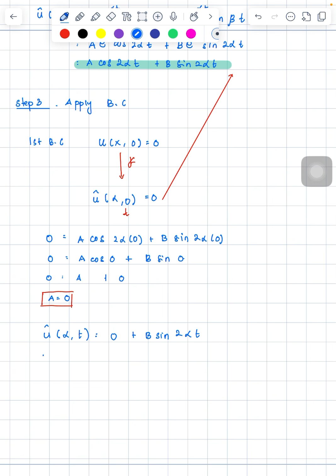So our u hat (alpha, t) becomes b sin 2 alpha t.